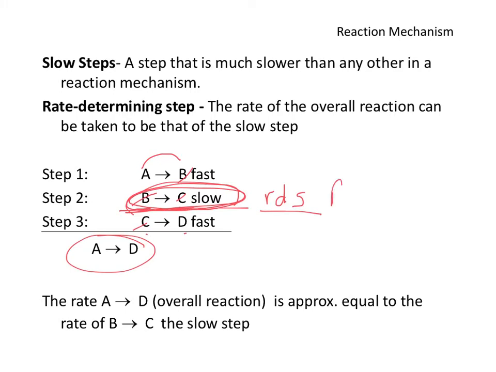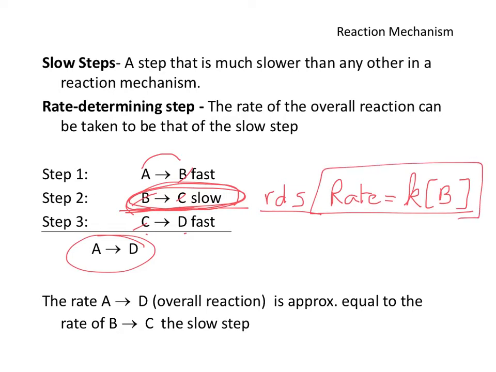And for that, you can write down the rate of the reaction as k times concentration of B. And if that is true, then the rate of A to D is going to be approximately equal to the rate of B to C, because everything else is a fast reaction.